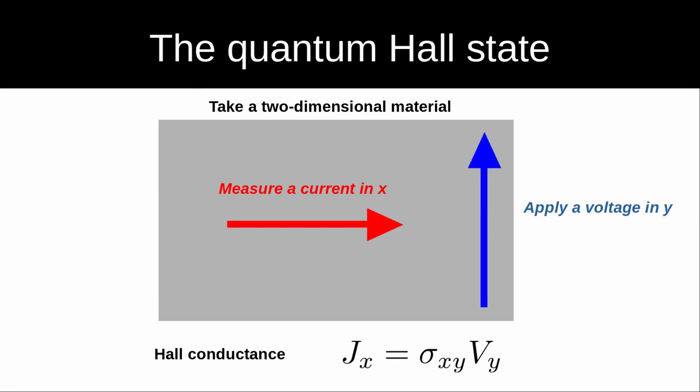This is the conductance that we observe when we take a two-dimensional system and we apply a voltage in one direction, in particular the y direction in this scheme, and then we measure a current in the x direction. And when we do this, the relationship between the voltage that we apply and the current that is observed is given by the Hall conductance, which is the object that gets quantized in the quantum Hall state.